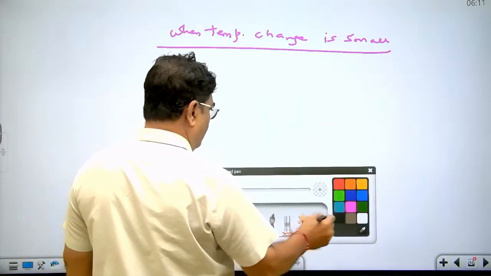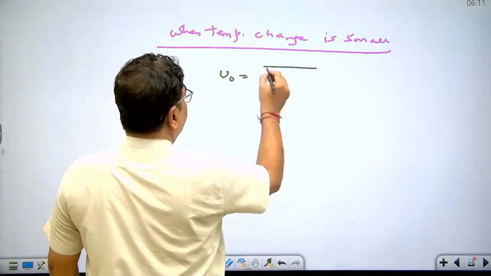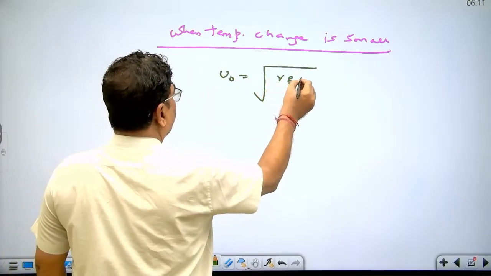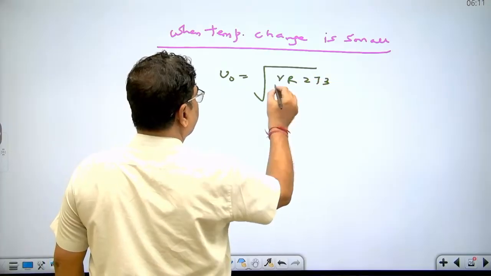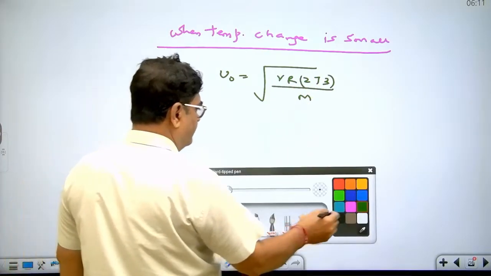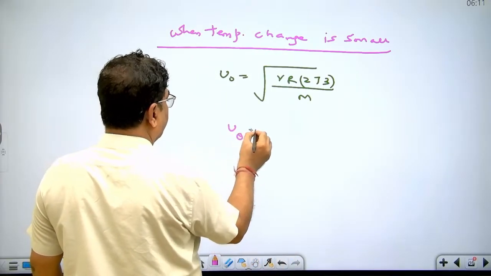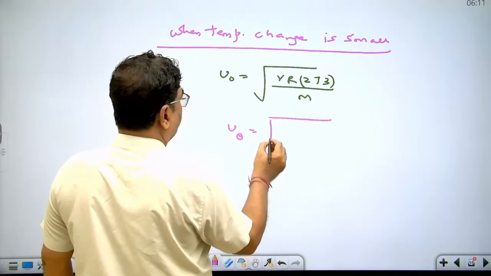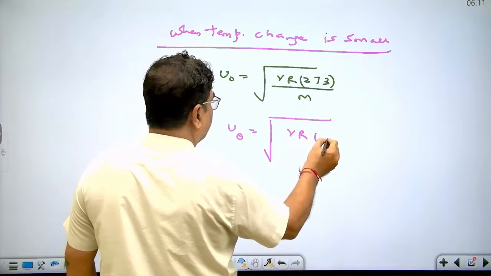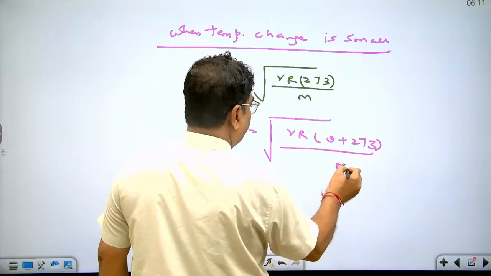Speed of sound at 0 degree centigrade, you will be writing as under root gamma R 273 upon M. And speed of sound at theta degree centigrade, you will be writing under root gamma R theta plus 273 upon M.